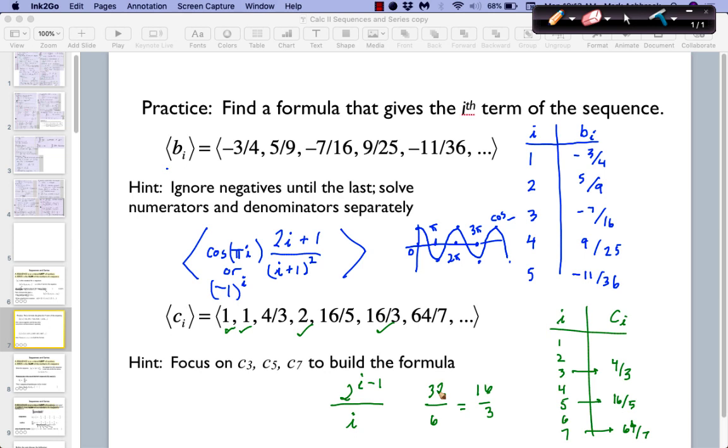So we got it. 2 to the I minus 1, all over I. Okay, so we're going to have web work in this section. In web work, you're going to be figuring out formulas like this. Any questions on these two examples?